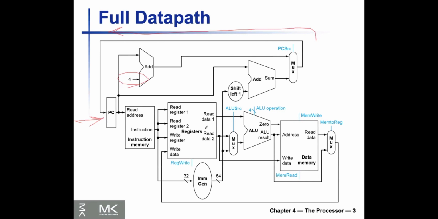Then we went to the actual execution in the pipeline, where you manipulate something, you add something, you compare something, you shift it, and you do other things, or perhaps you just do a branch, right? Then finally, you're accessing memory in the mem stage. In the load stage, we had to access it.